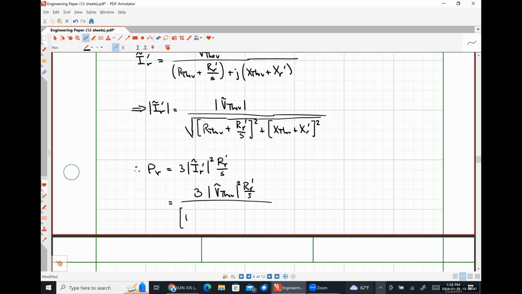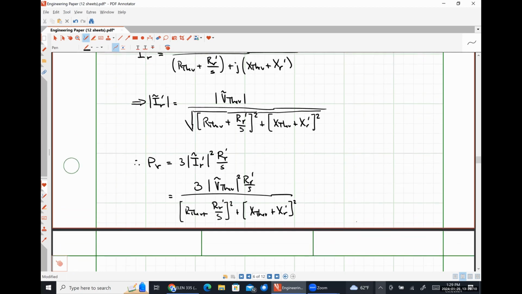So this is just going to leave us with R Thev plus RR prime over S, squared, plus X Thev plus XR prime, squared. So effectively now we can determine our rotor power really only in terms of our equivalent circuit parameters. All of the circuit analysis has effectively been done for us to determine what those things are.